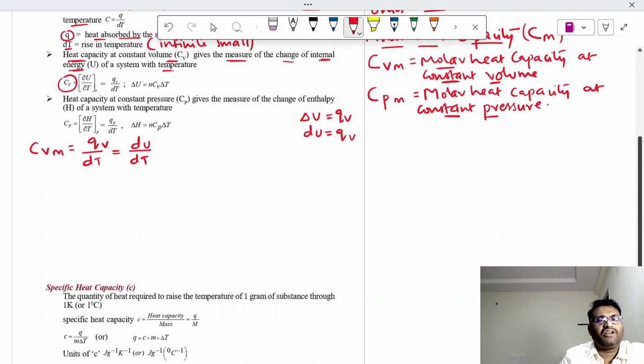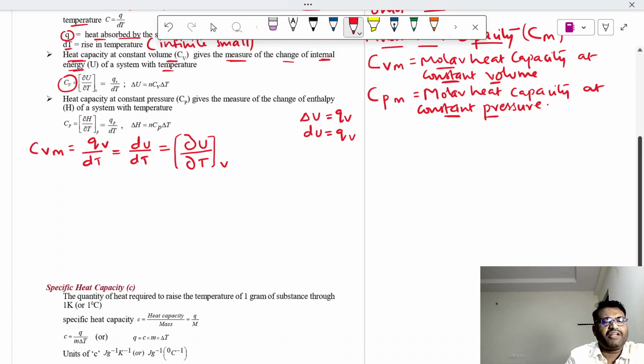This is all for infinitesimal change, or infinitesimal increase. So this can be mentioned as dU by dT at constant volume. This can also be mentioned in this way. So this V represents that it is at constant volume.